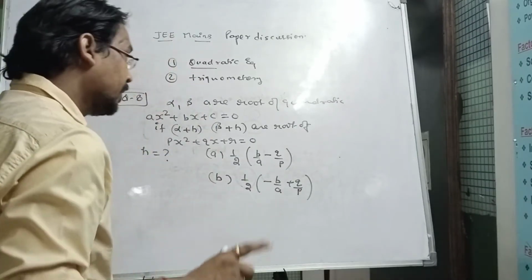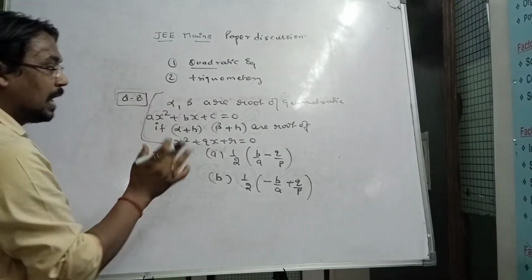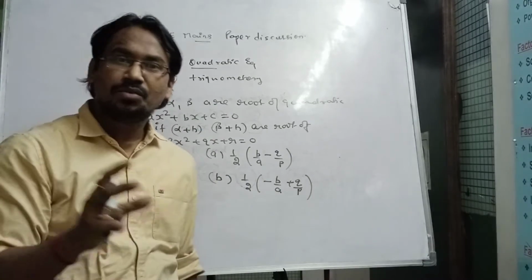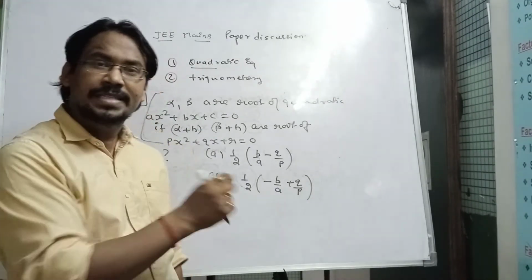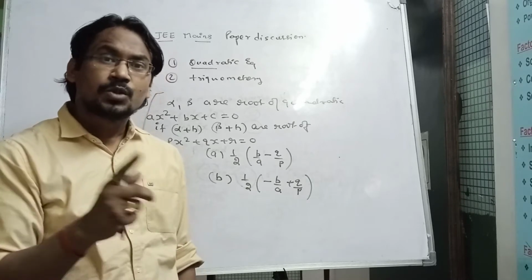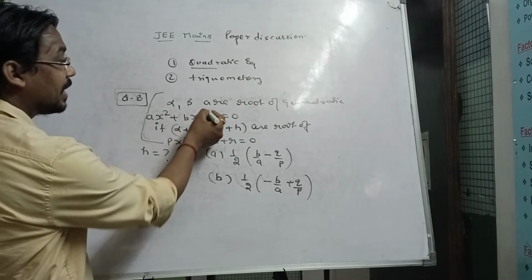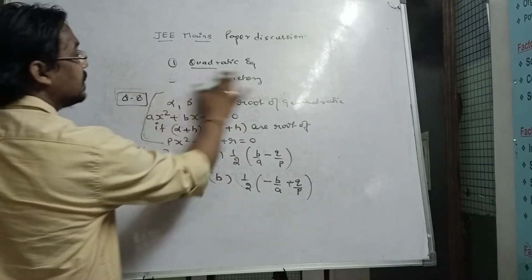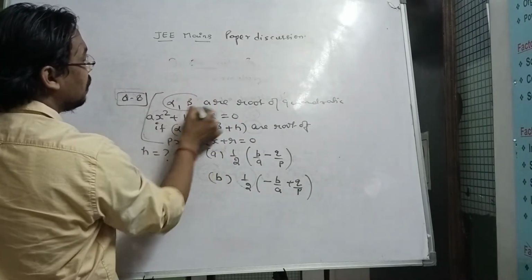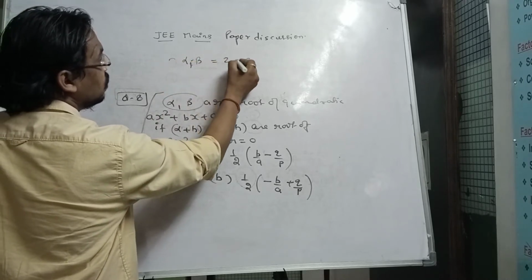If you want to understand this question, every time in the paper they provide the question in the form of non-numeric values, like a, b, c and p, q, r. You have to make it into numeric values. Assume alpha and beta on your own as 2 and 3.